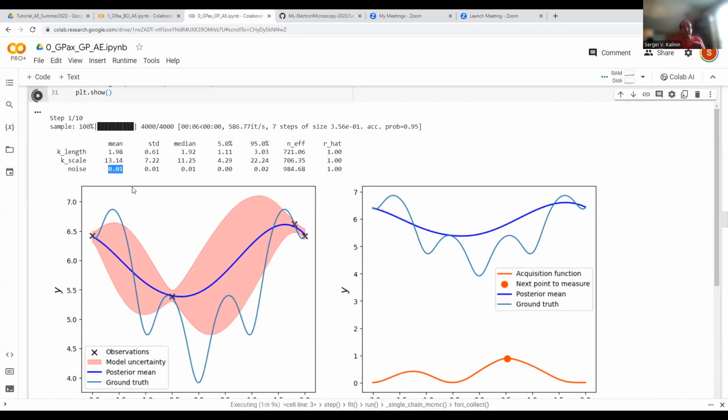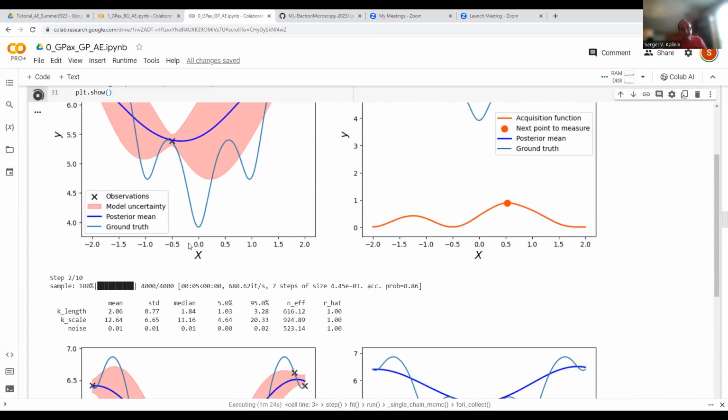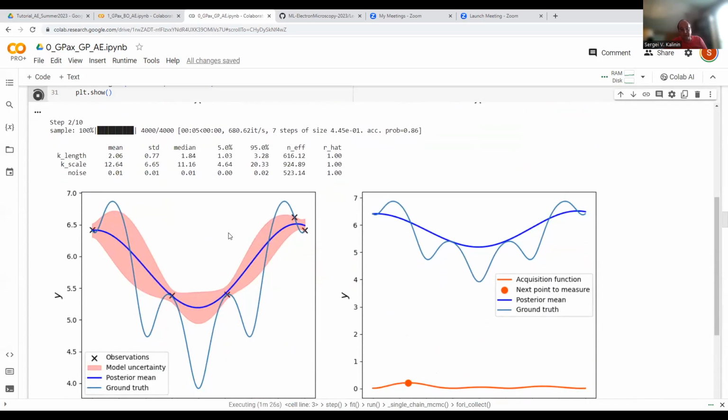If the algorithm is certain that the noise is small or zero, then in these locations we will see no red interval. If the noise is high, then there would be high uncertainty.